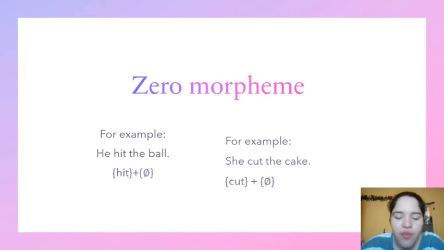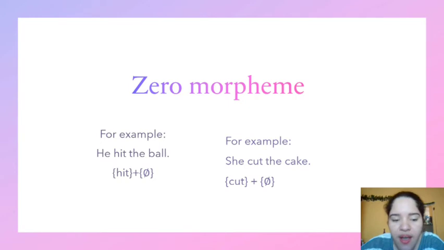And finally, we have the zero morpheme. What is the zero morpheme? Well, it is when we have an exception in some verbs. For example, the verb hit: this verb is in the past tense, because if we want to use this verb in the present tense, we only add an s.